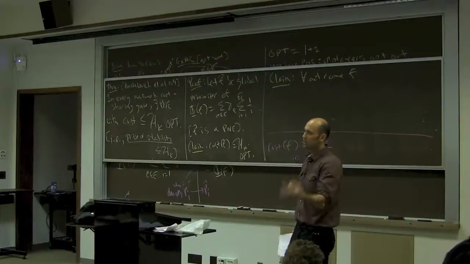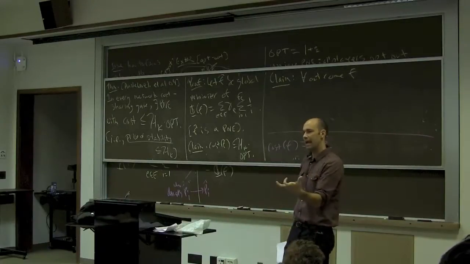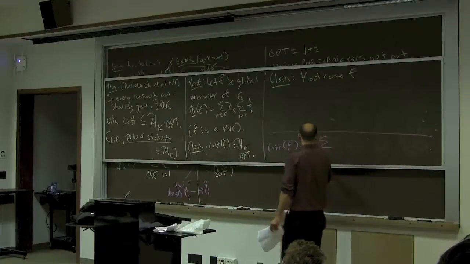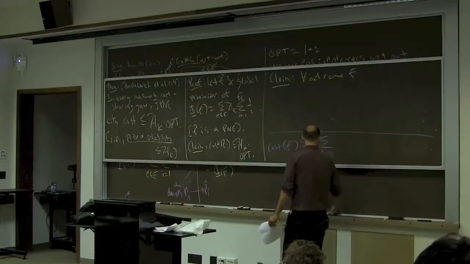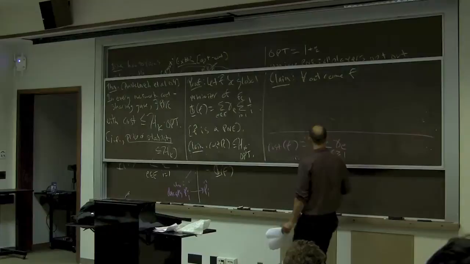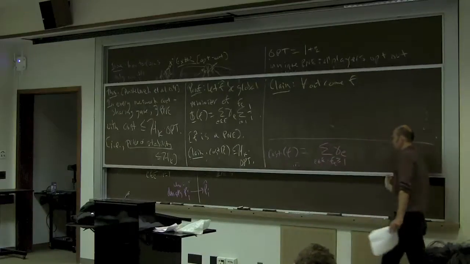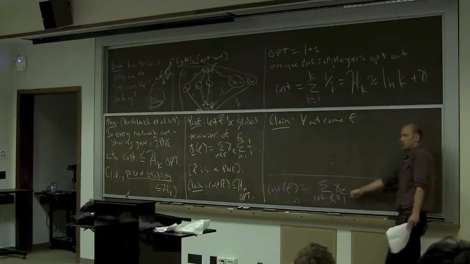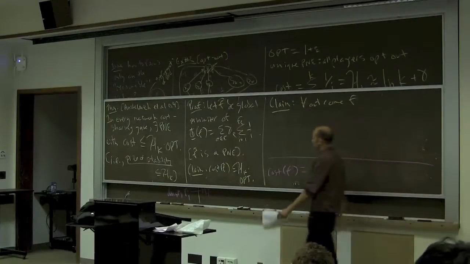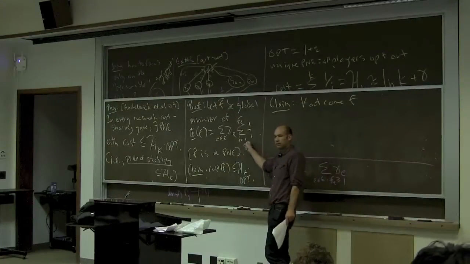So in the objective function, we pay gamma for an edge provided at least one person uses it. So it's the sum over the edges such that f_e is at least 1 of gamma_e. Okay? So this is our objective function for a given collection of paths. This is the Rosenthal potential function for a collection of paths.